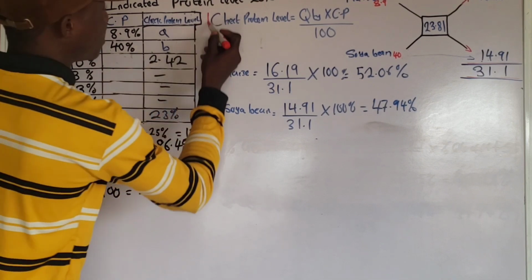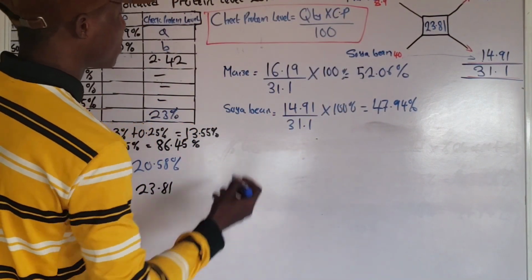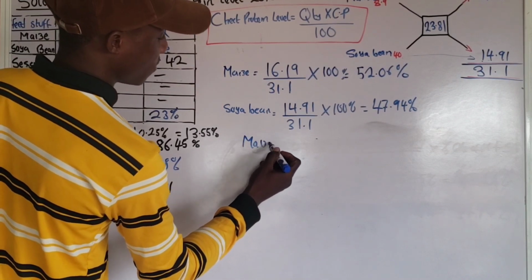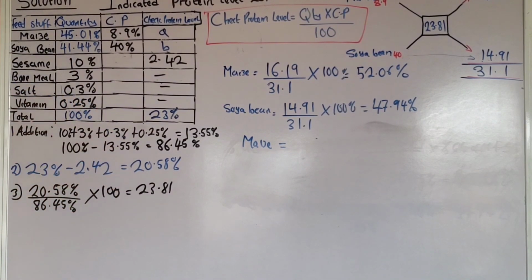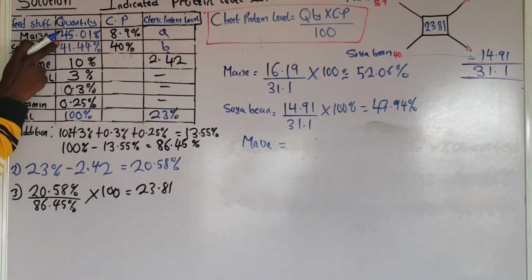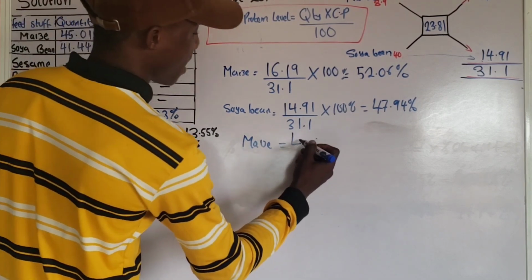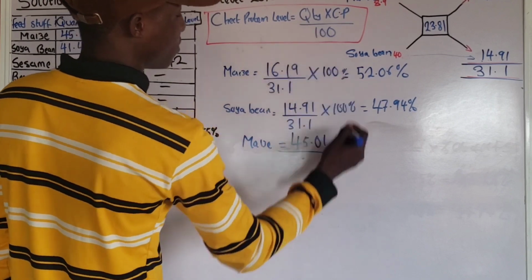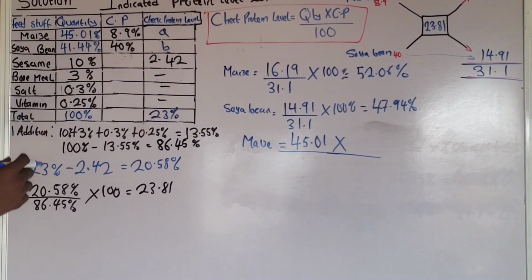So we want to calculate the crude protein level for maize. I'm going to have the quantity for maize. And don't forget, in the previous calculation that we did, the quantity for maize is 45.01 in percentage. So I'm going to have 45.01, let's take the product, multiplied by the crude protein for maize, that is 8.9.